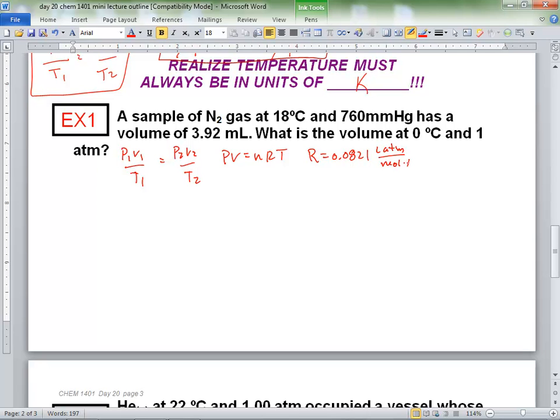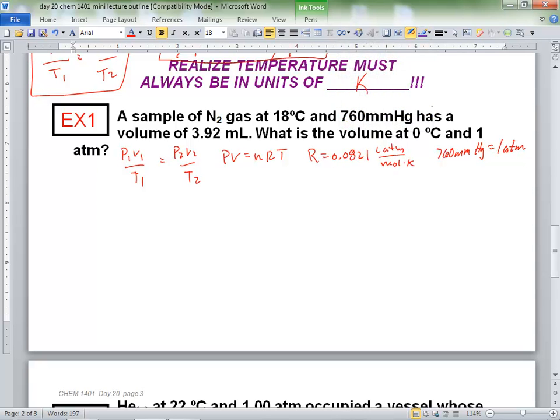And then I need to give you all these conversions, like there's 760 millimeters of mercury in an atmosphere. Maybe even more conversions if there's more units of pressure, right? Okay, let's see if we can work this out.